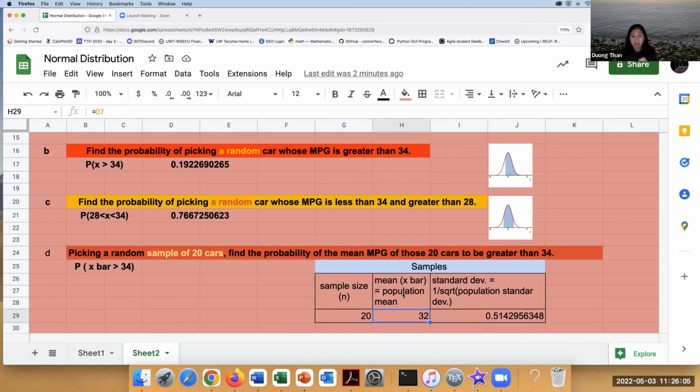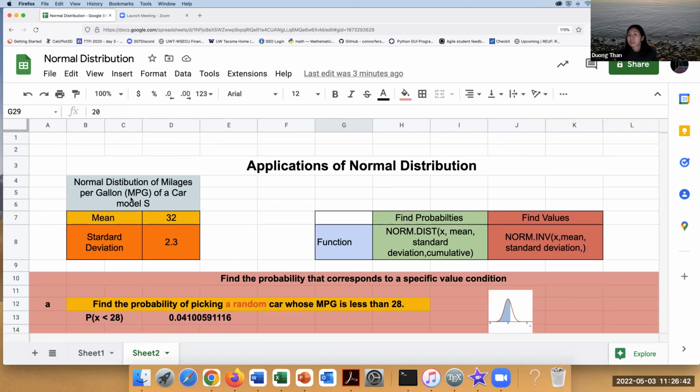So I took 2.3 divided by the square root of 20. So in this case, as we know that because the population is normally distributed, then the distribution of the sample means is also normally distributed. So then we can use the properties of normal distributions in order to answer this question. Okay.